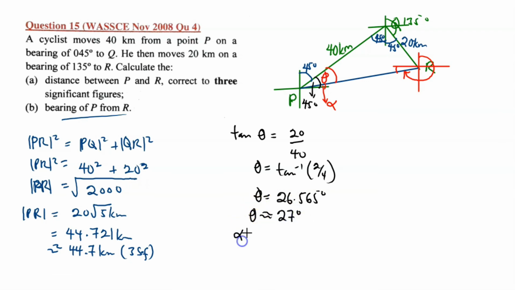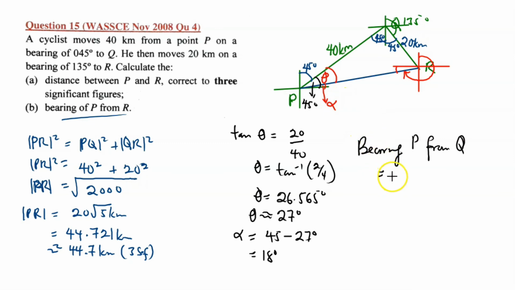So in order to get alpha, alpha will be equal to my remaining 45 degrees minus the 27 degrees I've actually calculated. And what answer do I get? 45 minus 27 gives us a value of 18 degrees. So alpha is 18 degrees. Therefore, the bearing of P from R will be equal to, then we subtract the value of alpha from 270 as I said.